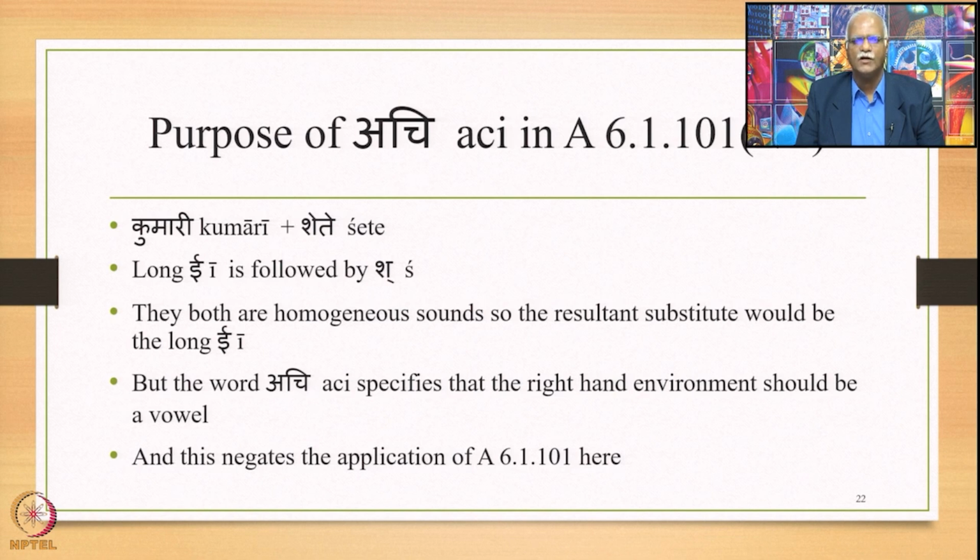And so, in order to avoid this problem, the tradition has continued the word aci and has solved the problem. So, kumari has this long i, which is savarna with sh, but this sh is not ac.